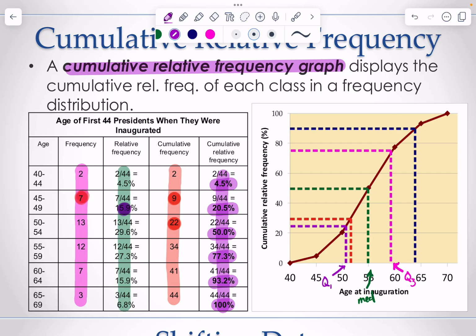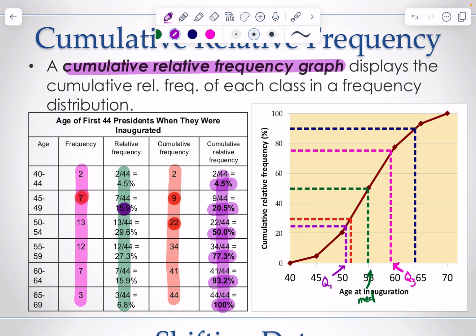So I can calculate any percentile from this cumulative relative frequency graph, so I can approximate by just drawing my line straight across and finding the appropriate location, or given a value, converting it back to a percentage. And then if I wanted things like IQR, I could take my quartile 3 minus my quartile 1, in this case an IQR of about 8 years of age. So that's kind of how we're going to deal with those.